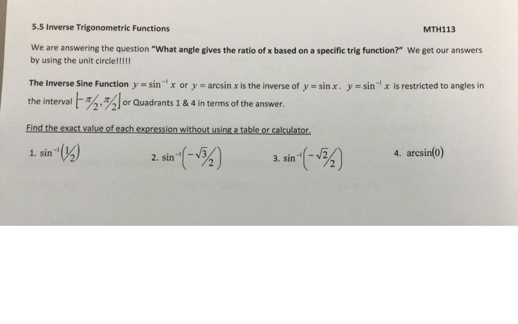I know my hypotenuse needs to be 2. What's this angle need to be so that the opposite side is radical 3? 60 degrees. So now in radians, how much did I rotate to get a 60-degree angle? I rotated pi over 3 in the negative direction, so that's going to be negative pi over 3.